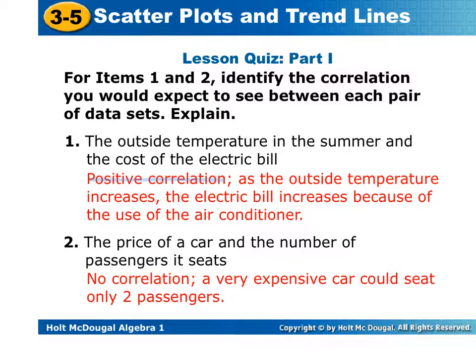So it doesn't matter. There's no correlation. You could get a super fancy party bus and it could be a lot of money, and then you could get a two-seater car and it could cost less, or you could get a Lamborghini or a Maserati and it may only seat two people. So here, it doesn't matter the number of passengers it holds. There's no correlation. Make sense?